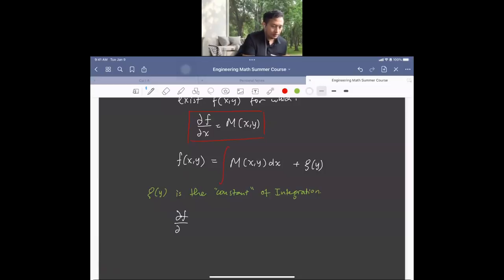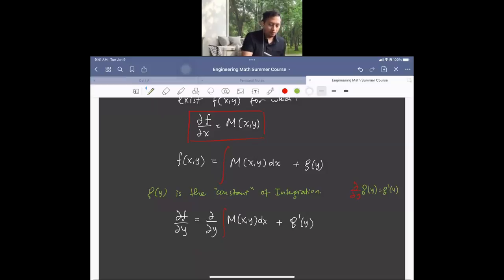And then we take the derivative, the partial with respect to y now. So d/dy, and take the integration of M(x,y) dx, and then the g(y). It becomes d/dy of g(y), which is g prime y.